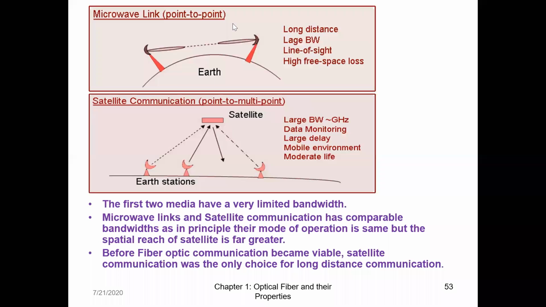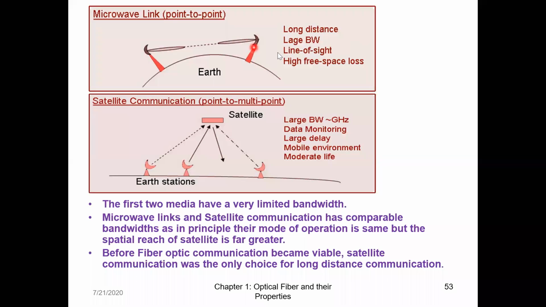It is long distance and the bandwidth was large, but the disadvantage of microwave was line of sight communication. If I have a microwave tower over here, the next tower should be in the line of sight, otherwise communication was not possible. Please remember, this is one of the biggest disadvantages for microwave.